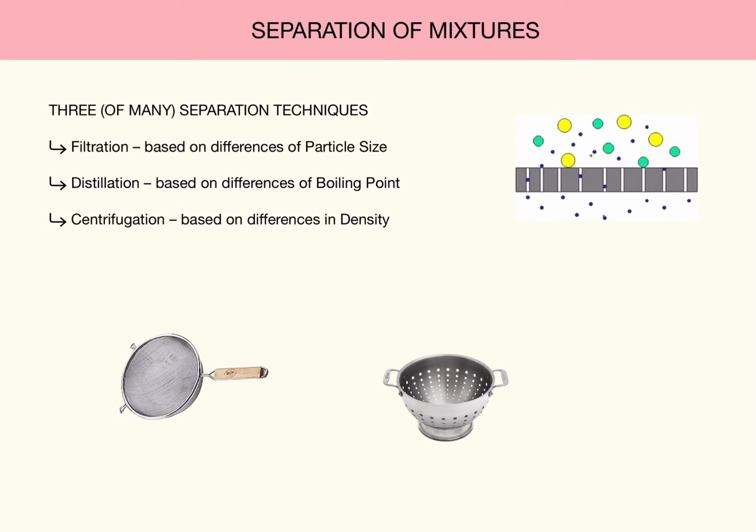And what that will allow is small particles will be allowed to pass through those pores and larger particles will not. And that allows one to effectively separate smaller particles from larger particles. So, filtration is a separation technique based on particle size.